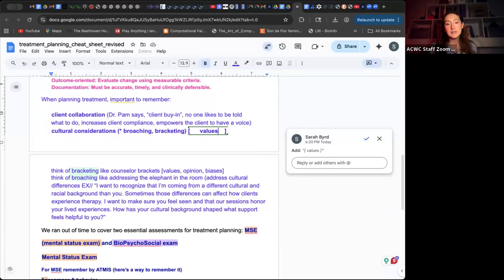The client wanted to maintain their culture. They didn't want to take on the Western culture of individualism. And so the therapist had to bracket their values about being an individualistic type person, right?